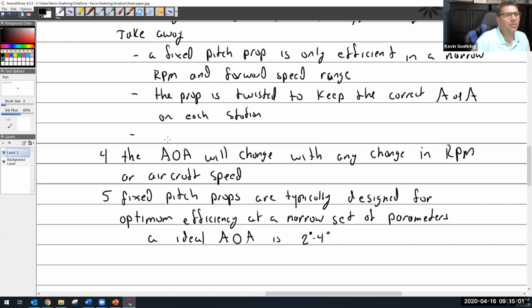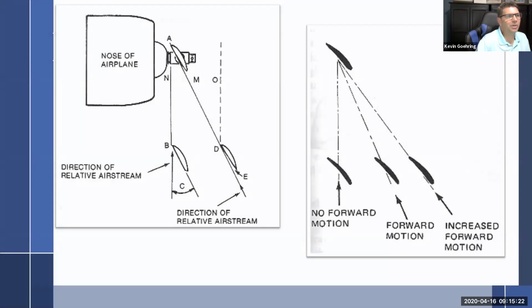I do have some other notes here, and I'm not going to write them. I'm going to tell you what they are because really, I think it's just a little extraneous. It does deal with a certain PowerPoint. I believe it's this one here. So the points that I have written on this one are: note the difference between the angle of attack when stationary versus in flight.